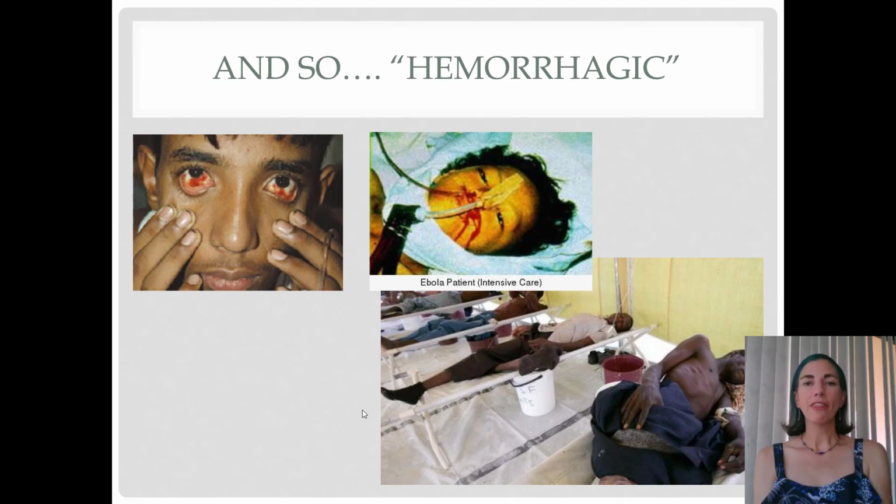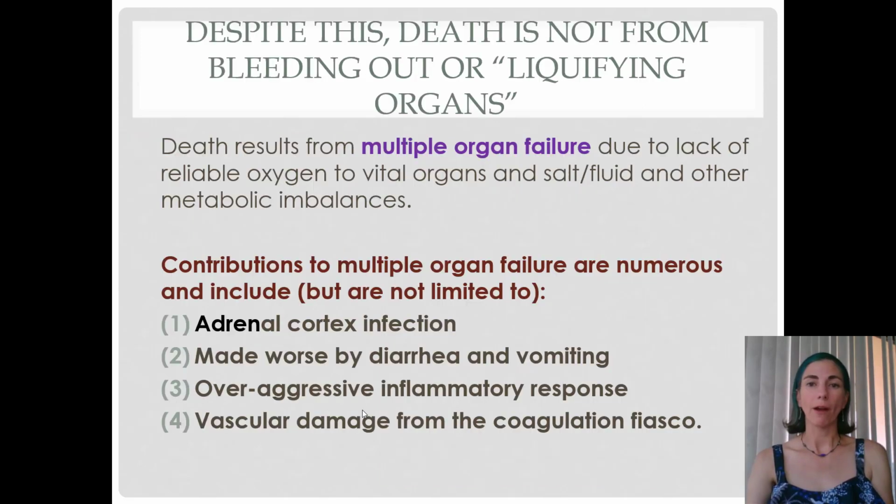So if death does not come from hemorrhaging, what does death come from? It turns out death results from multiple organ failure due to shock, mostly. There's a bunch of things that contribute to that, but it includes the fact that you infected your adrenal cortex.